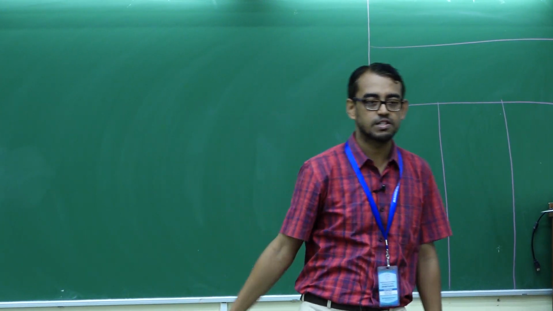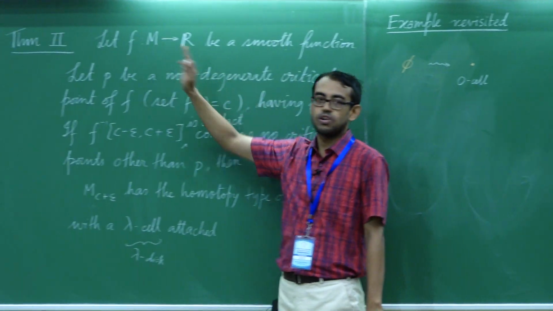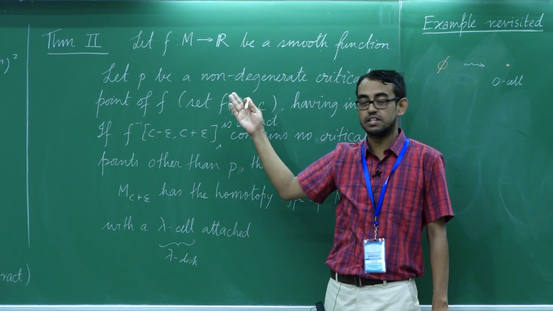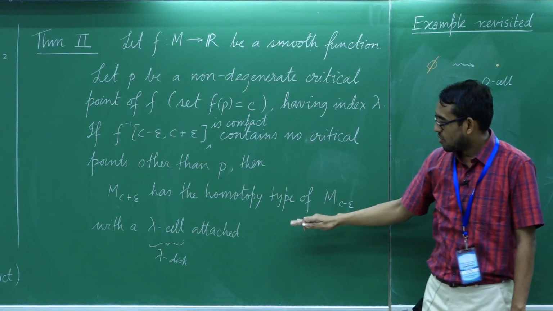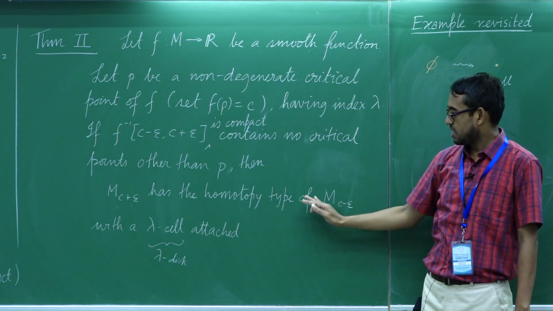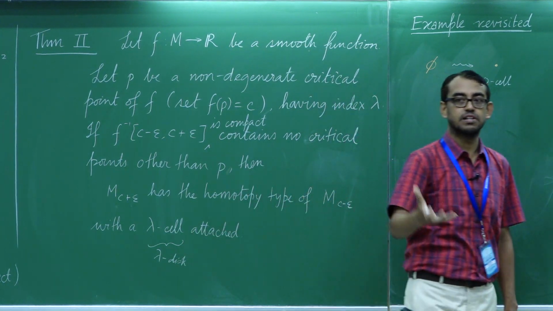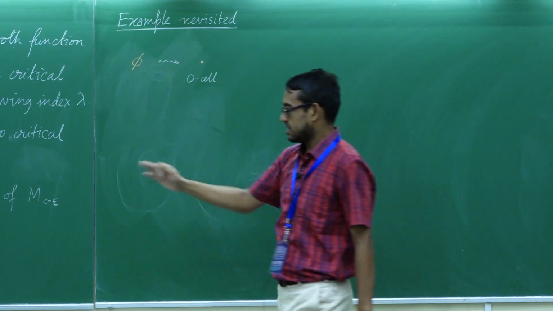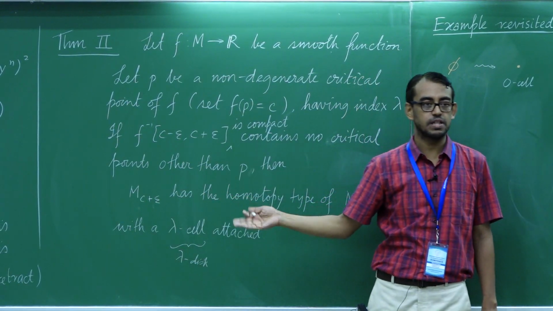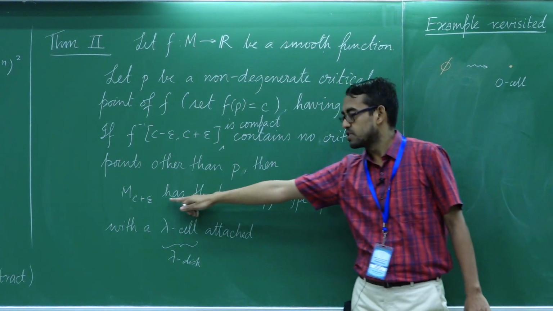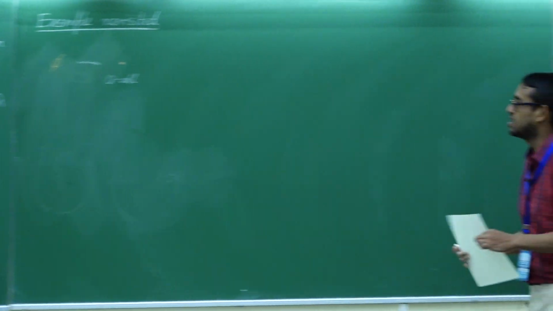You're thinking of surfaces, but this is just a manifold which is locally Euclidean. It's not genus. It's just saying that around this point, using those coordinate systems, if you go beyond P and go below P, you need to differ topologically by an attachment of a lambda disk. But as I said, this with the lambda disk and this are not homeomorphic. They cannot be. This is not a manifold. That one is. But they are homotopy equivalent.